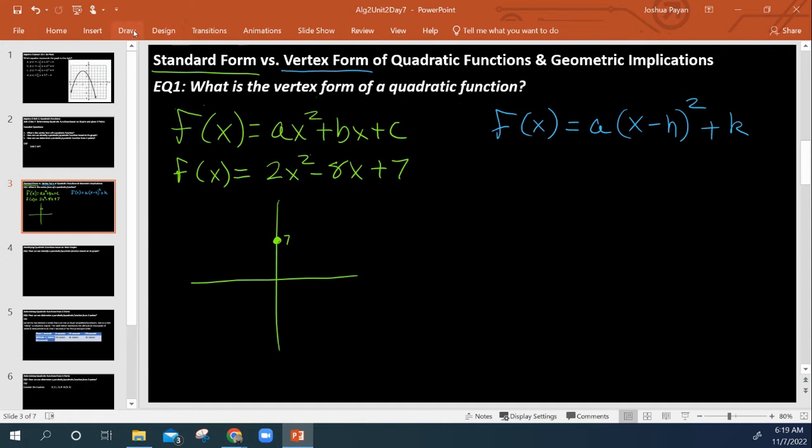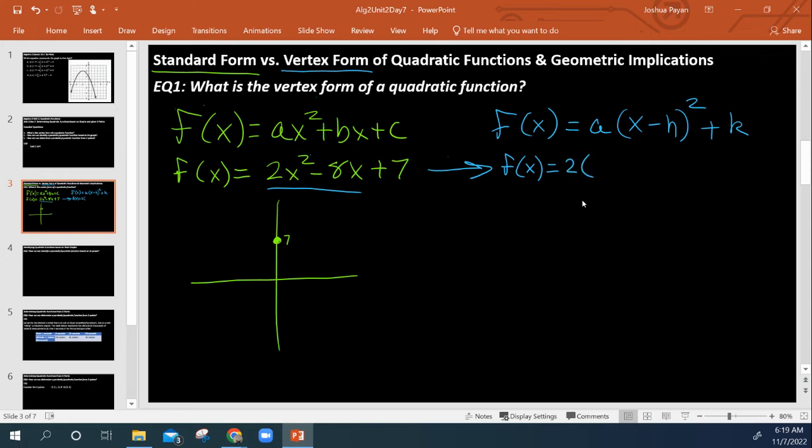Now let's look at what this looks like in vertex form. To do vertex form, we're going to have to complete the square with this same function. What I'd want to do is, well, we can't have an a term per se, so I'm going to factor the 2 out of the 2x squared minus 8x.